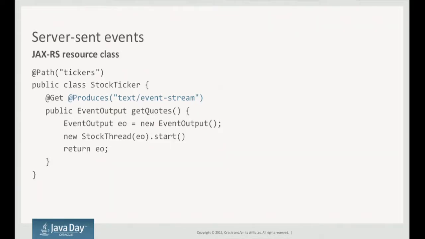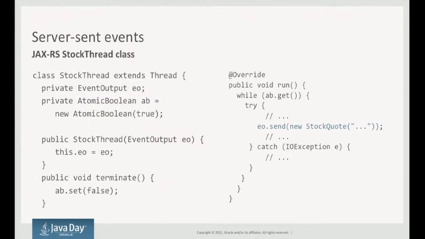And we're starting a thread that's going to produce these notifications. So the key part here is on the right side of this slide, where our run method is producing the new stock quotes and then sending them out using this event output object. So we're going to loop until this process is terminated, which will happen when the client closes the connection.